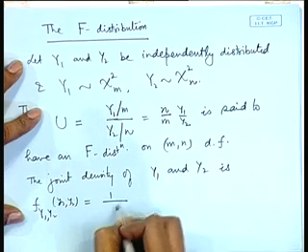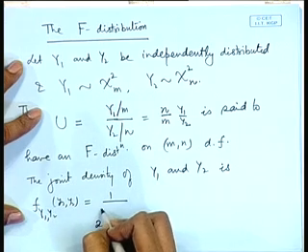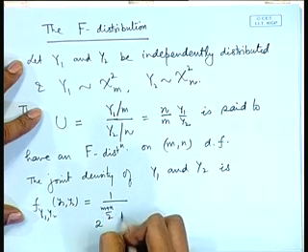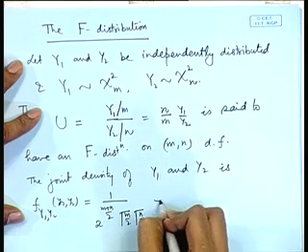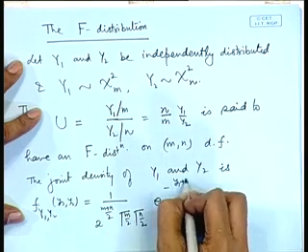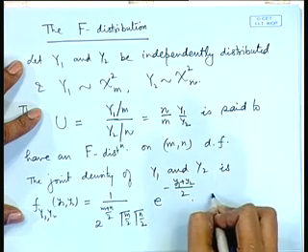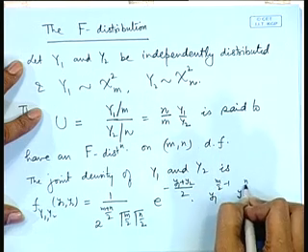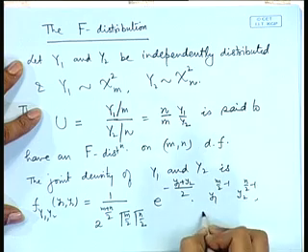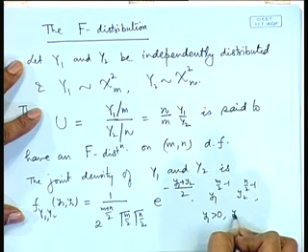If we combine the coefficients, 1 by 2 to the power m plus n by 2, gamma m by 2, gamma n by 2, e to the power minus y1 plus y2 by 2, y1 to the power m by 2 minus 1, y2 to the power n by 2 minus 1, where both y1 and y2 are positive.